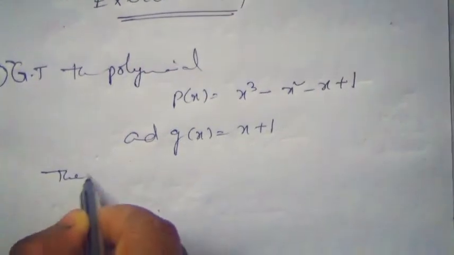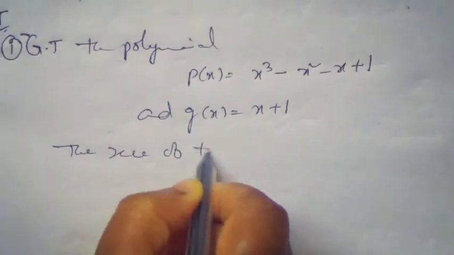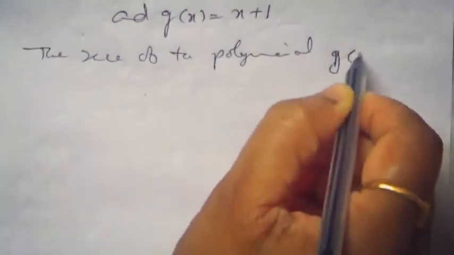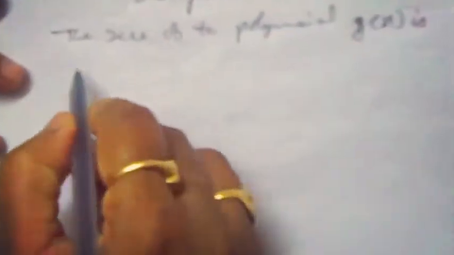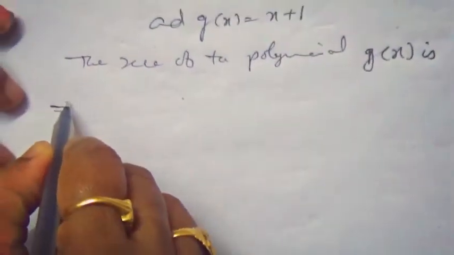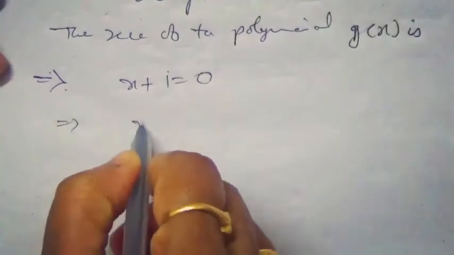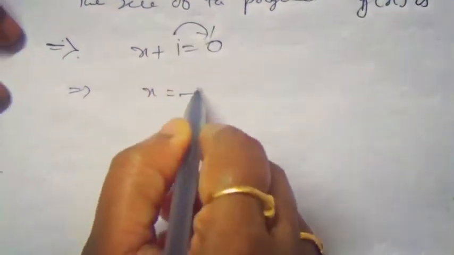The zero of the polynomial g of x: that implies x plus 1 is equal to 0. That implies x is equal to minus 1.